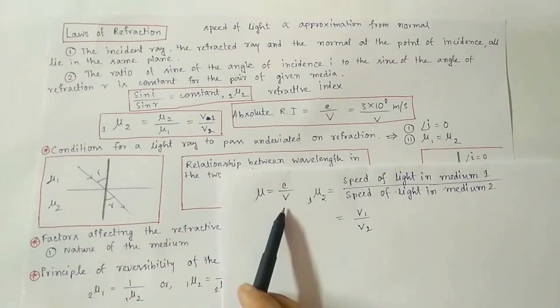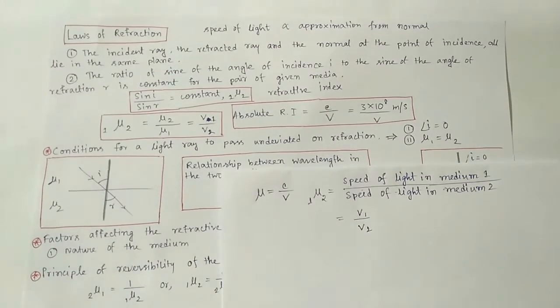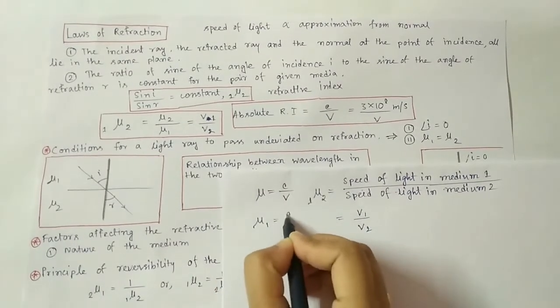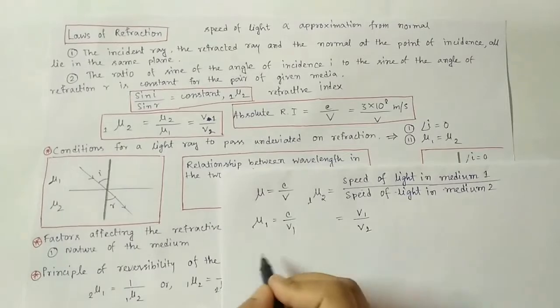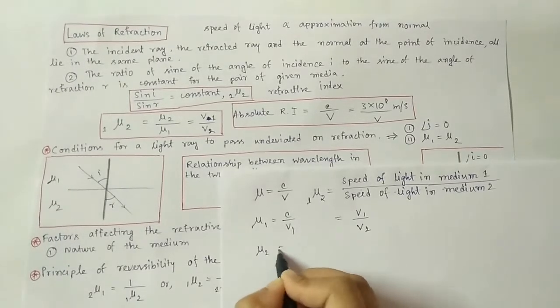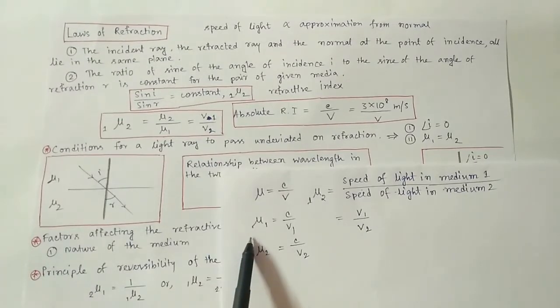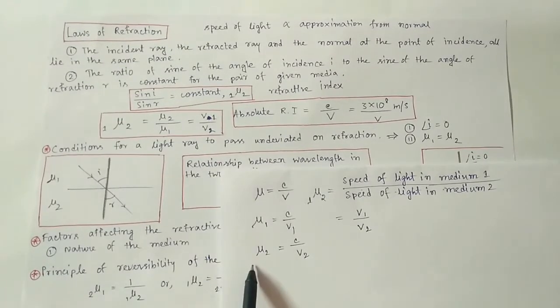Earlier I told you that the absolute refractive index is equal to c by v. So for V1, mu1 is equal to c by V1, and mu2 is equal to c by V2. This is the absolute refractive index of medium 1 and this is the absolute refractive index of medium 2.